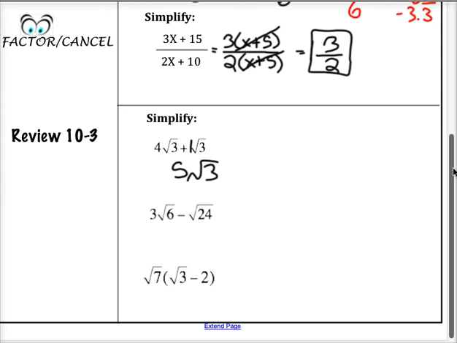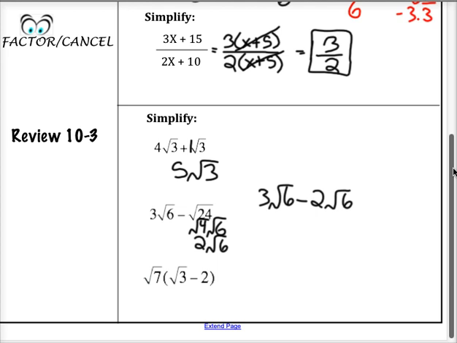All right, now the next one is still subtraction. However, what I want you to realize is look at that square root of 24. All right, so that square root of 24 actually breaks up into 4 and 6. So it becomes 2 square roots of 6. So once we exchange that out, our problem is actually 3 square roots of 6 minus 2 square roots of 6.